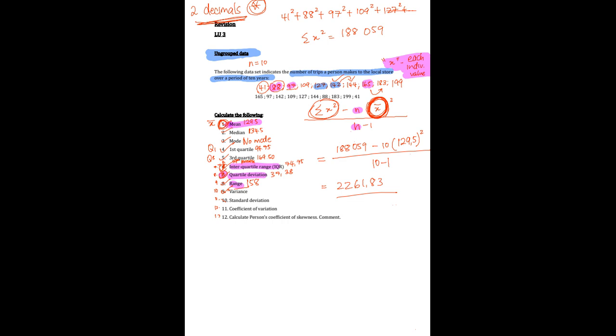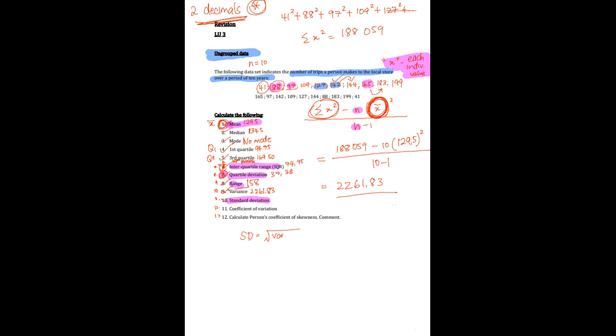Then number 11 now is your... No problem. I'm going to just write down that answer next to it. So that is 2,261.83. Then the next one is your standard deviation. This is a really easy one as well. The standard deviation is simply the square root of your variance.